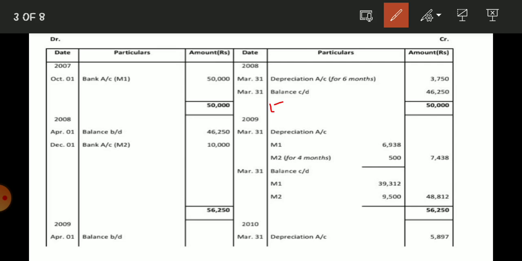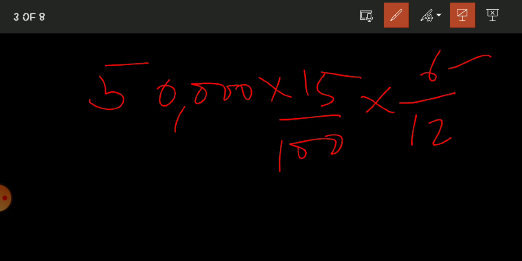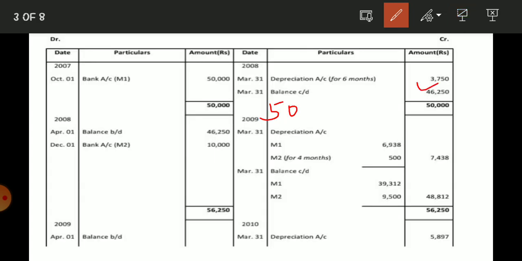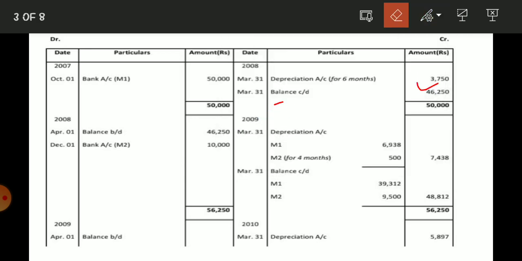So 50,000 into 15 upon 100 into 6 upon 12. 6 months remaining and total months in a year is 12 months. So the amount will be 3,750.